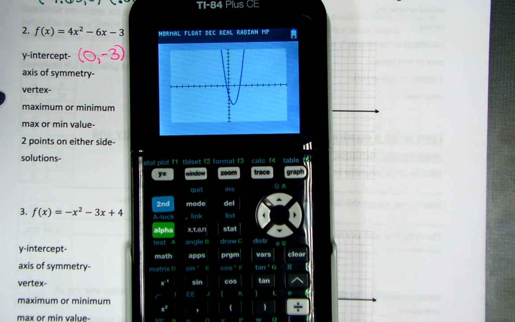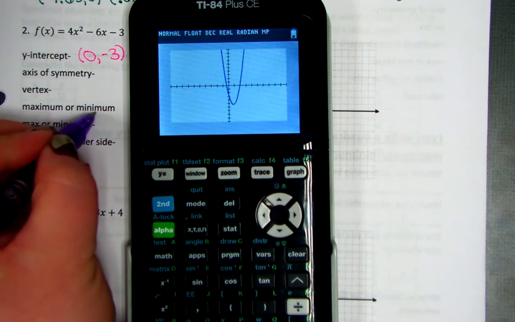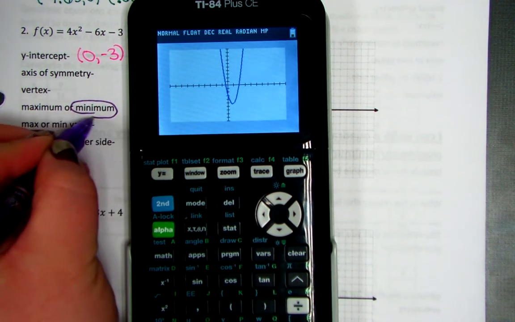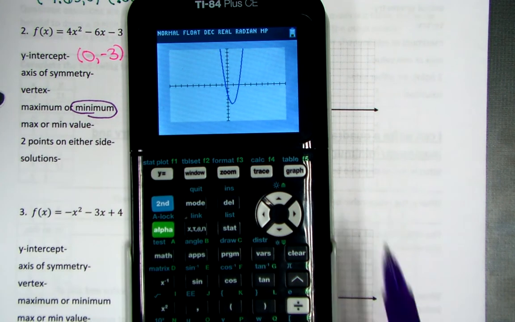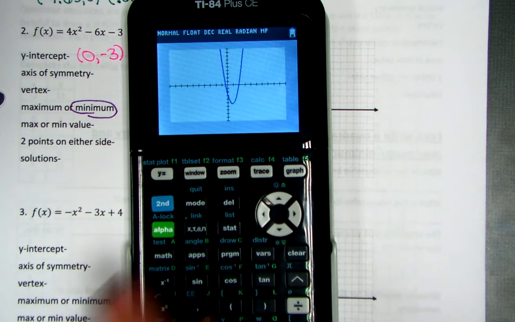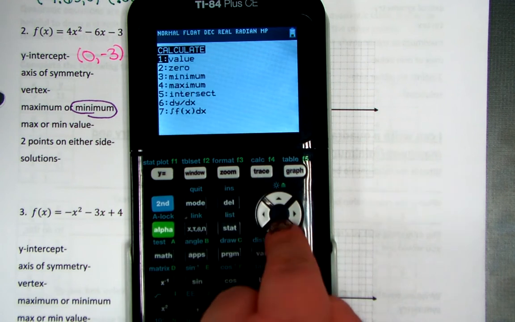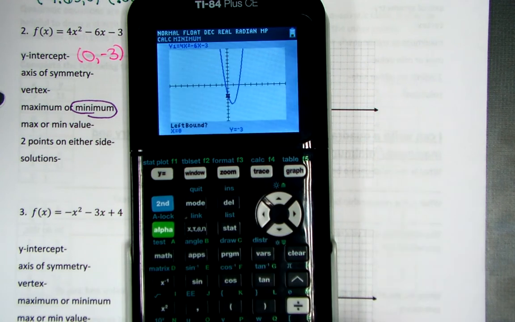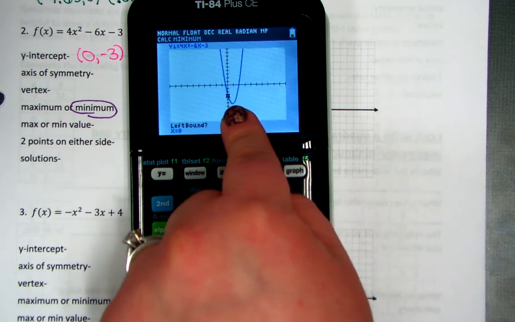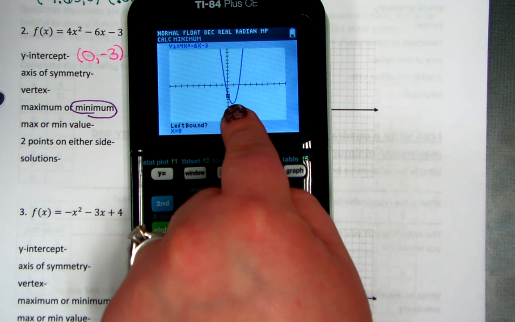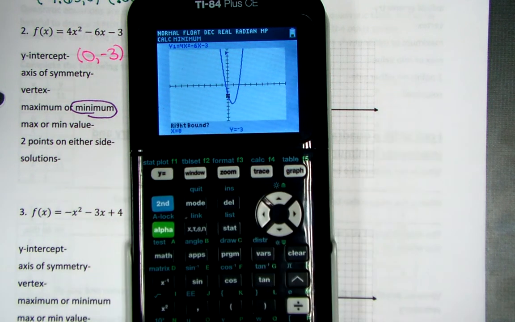Once again, I have a parabola that's opening up, which means I'm going to be dealing with a minimum value. So I can go and find the vertex by pressing second trace and going down to minimum. I know that the vertex is located right here, so my cursor is on the left side.